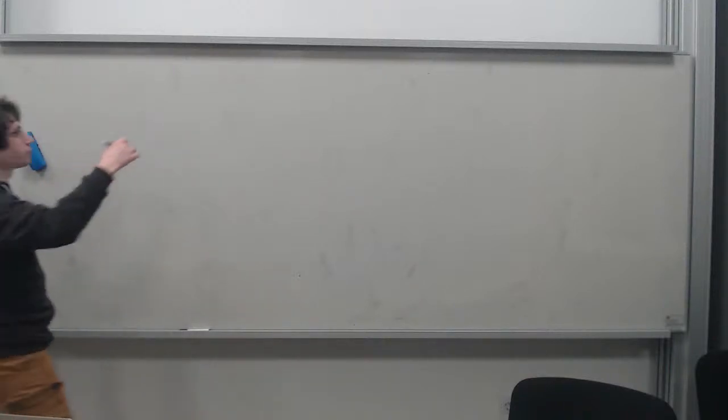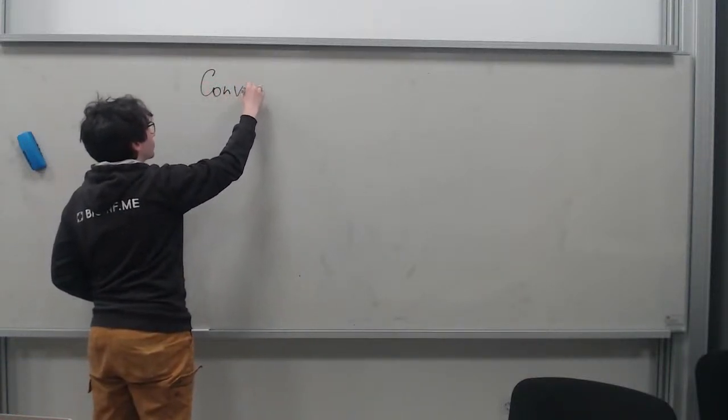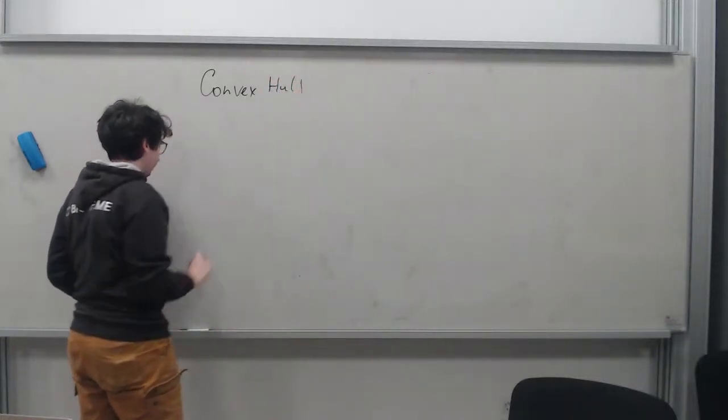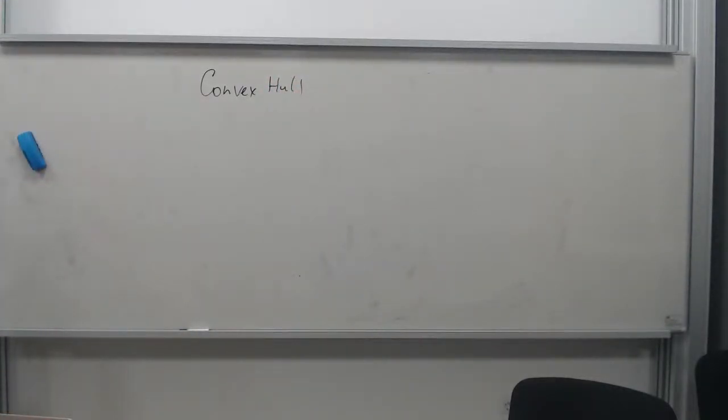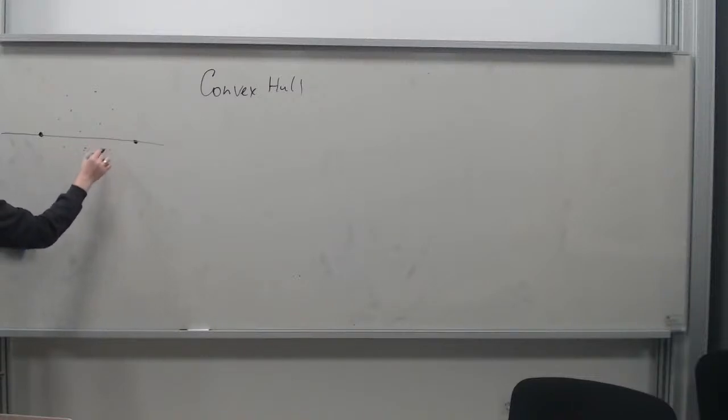Okay, convex hull. I will start with the standard way you do convex hull, so that we will not have problems. I take the leftmost point and the rightmost point, draw a line through them, and then we have the points on the top and the points on the bottom. Then I split them into two halves and run convex hull on the upper part and on the bottom part separately.